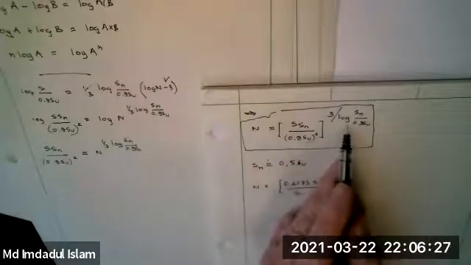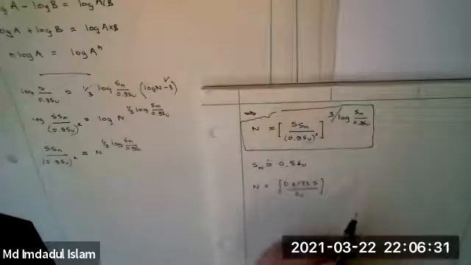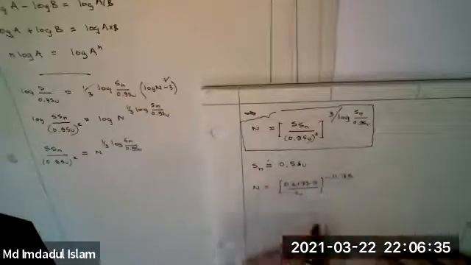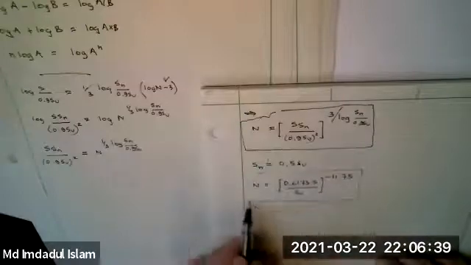And this is 3 divided by the log of 0.5 over 0.9. So under this approximation, we get a relatively simple expression.